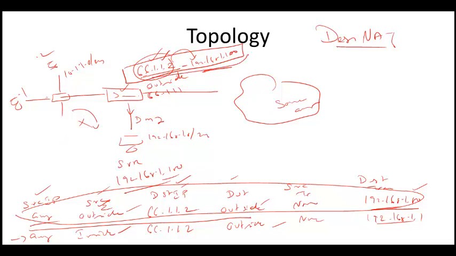So we are not supposed to write another translation for this particular DMZ server. Only one address, and that address should always be mapped to 66.1.1.2 only, not to any other 10.1 and so on. So you come here and then get translated here.